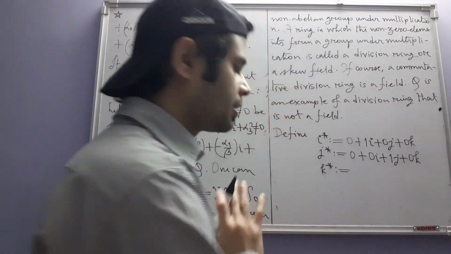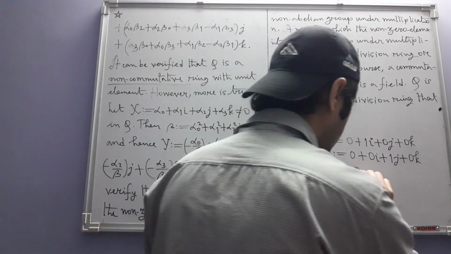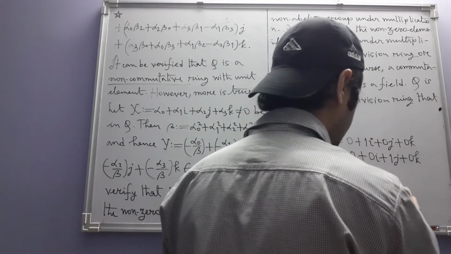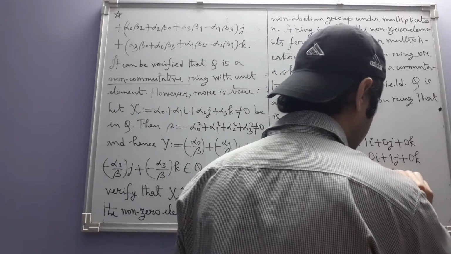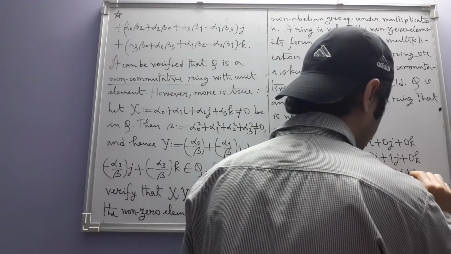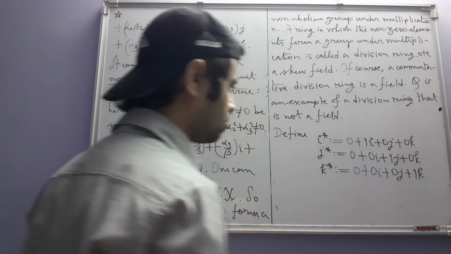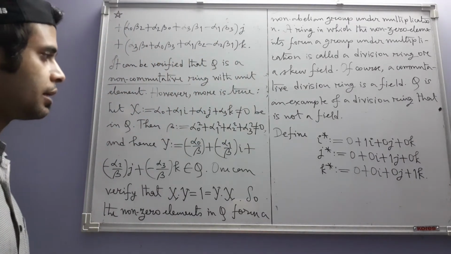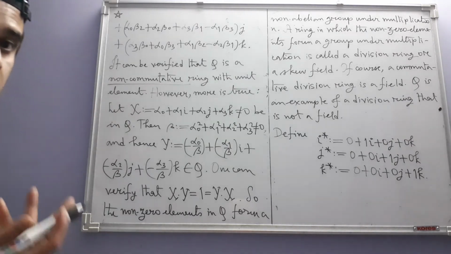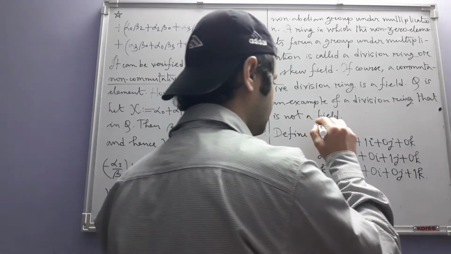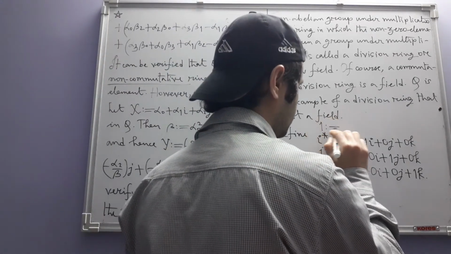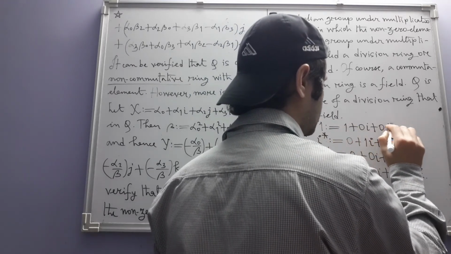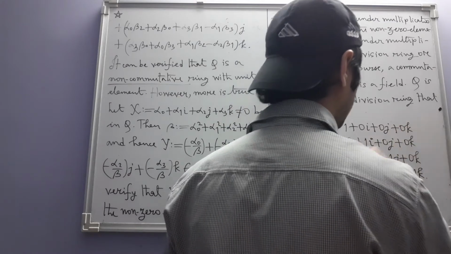So these are special quaternions: 0 plus 0i plus 0j plus 1k. Note that we need not define 1 star, because for us 1 star is nothing but the unit element, 1 plus 0i plus 0j plus 0k.